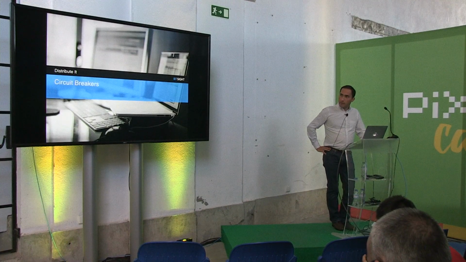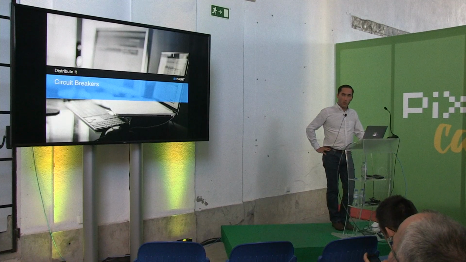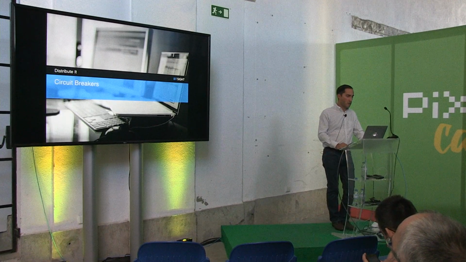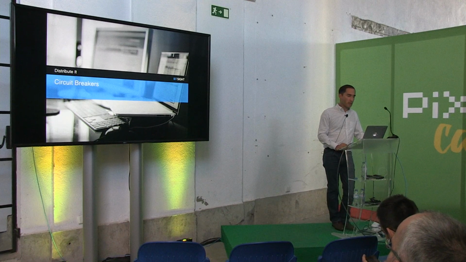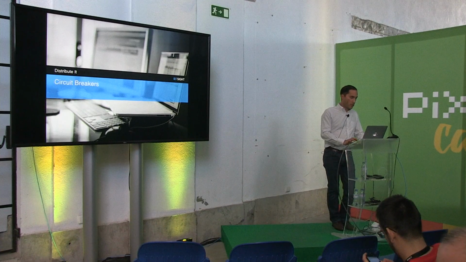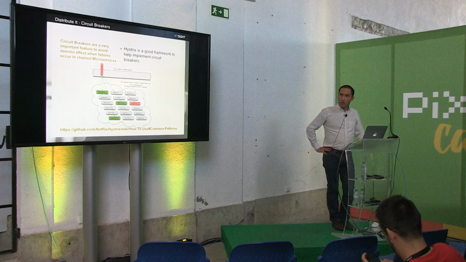So, circuit breakers. Circuit breakers are one of the most important features in microservices. Why? Because microservices tend to scale to tens, hundreds of servers, and sometimes, and it happens more than probably someone thinks, you have microservices that call other microservices.